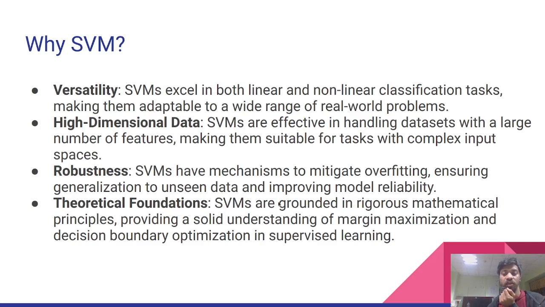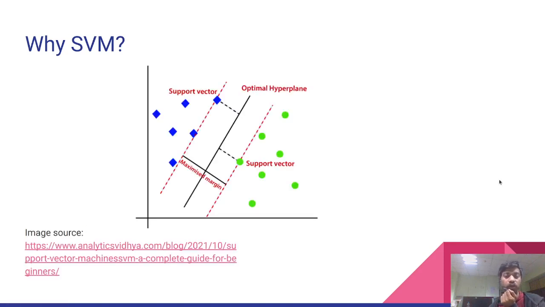Even if there are some outliers, it can handle them up to some extent, and it can also generalize to unseen data, which makes the model very reliable. This also has theoretical foundations, so we can give some kind of proof that it is expected to give better performance.